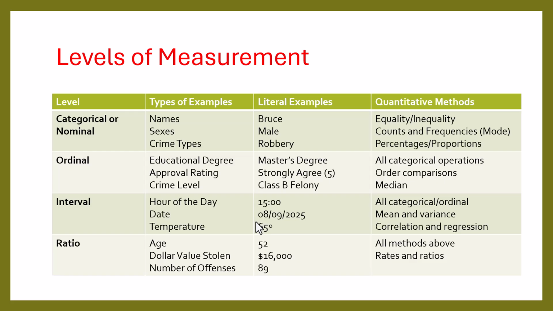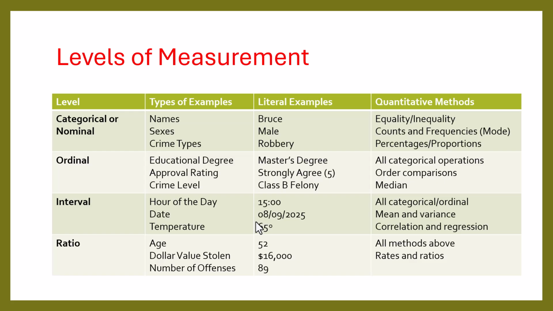0 doesn't mean nothing for the date either, right? I mean, I guess if we go back far enough, it does. But our particular system of date keeping goes into the negatives once we hit the year 0. It doesn't mean there was no date. It doesn't mean that life didn't exist at the year 0. It's just an arbitrary point. Temperature. On the Kelvin scale, sure, 0 means a complete absence of temperature.